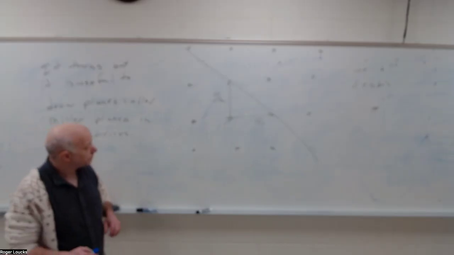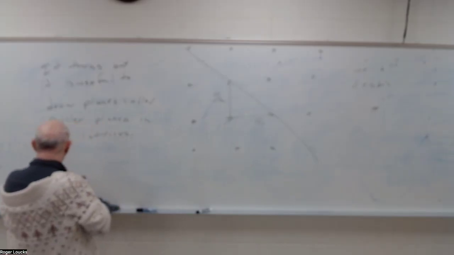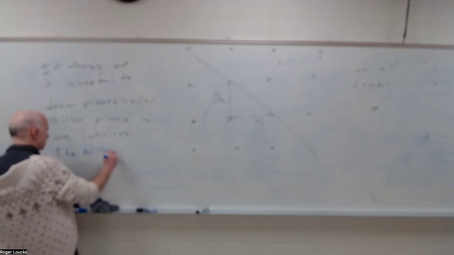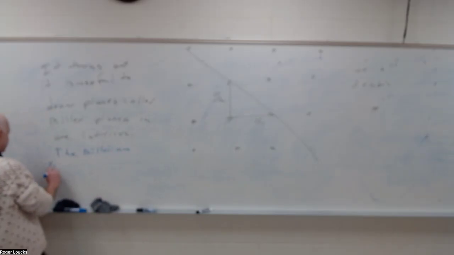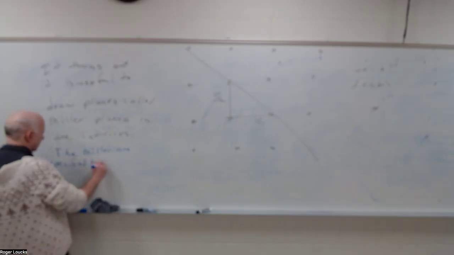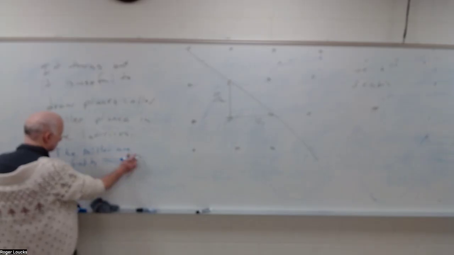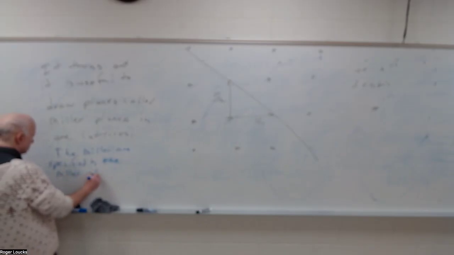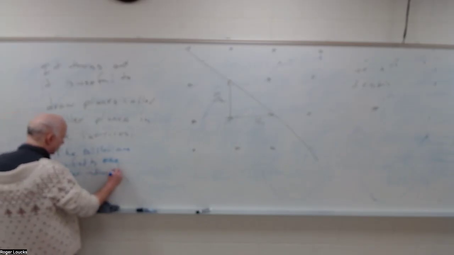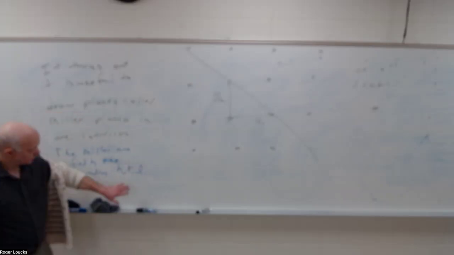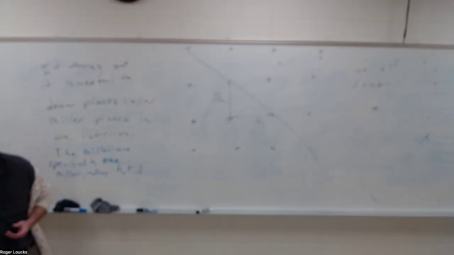What we're going to do is the planes, the Miller planes, are specified by Miller indices. And they are always H, K, and L. You only use, as far as I can tell, HKL now.